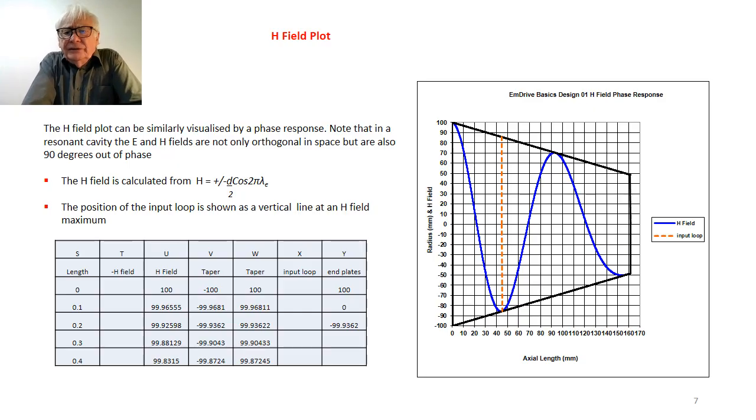It's useful to do this to visualize the H field so that we can decide where to position the input loop within the cavity, and this is shown by the dashed red line. What we do is attempt to position this particular input loop as close to the H field maximum as we can.